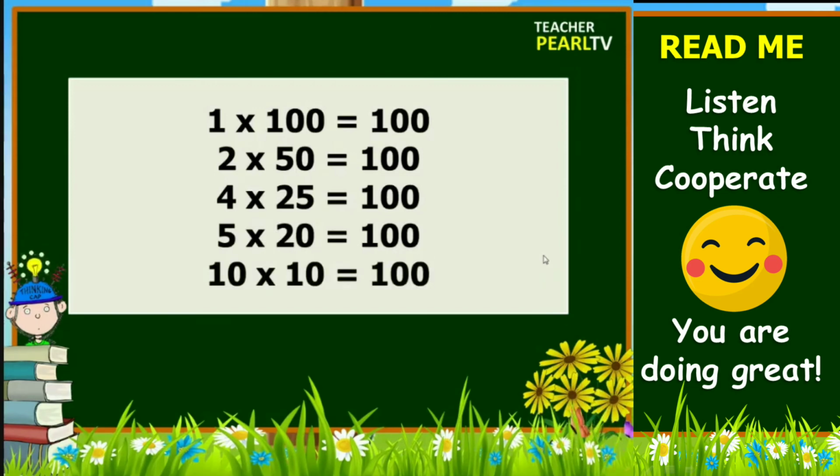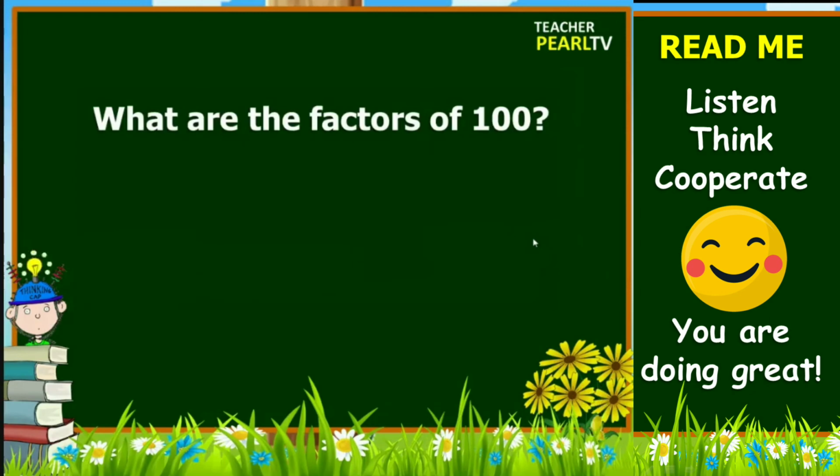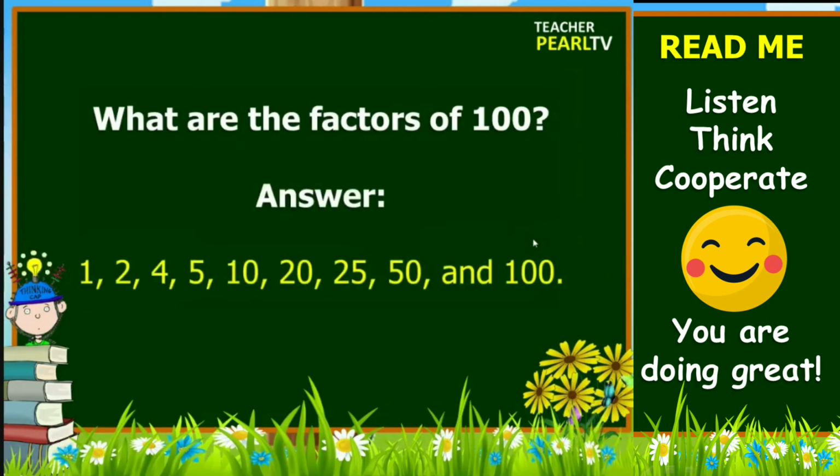So, the factors of 100 are 1, 100, 2, 50, 4, 25, 5, 20, and 10. Going back to the question, let's arrange our answers. So, here are the factors of 100. Did you get this? Very good.